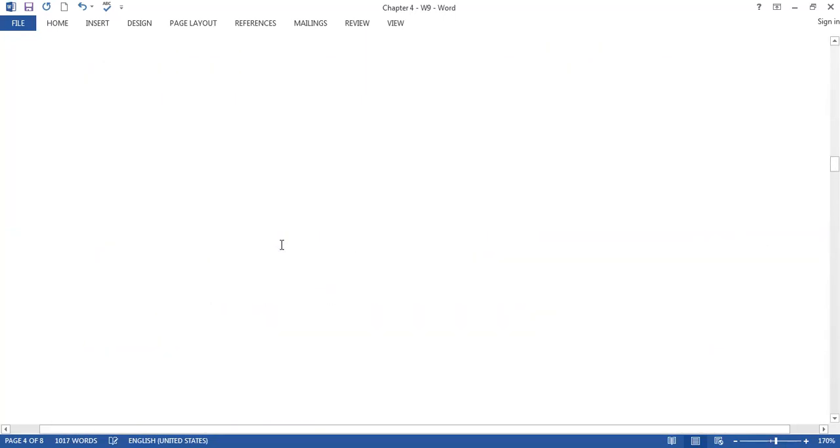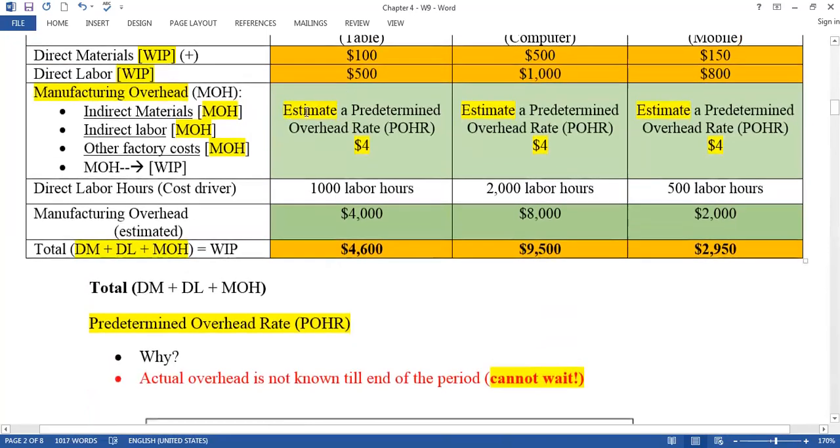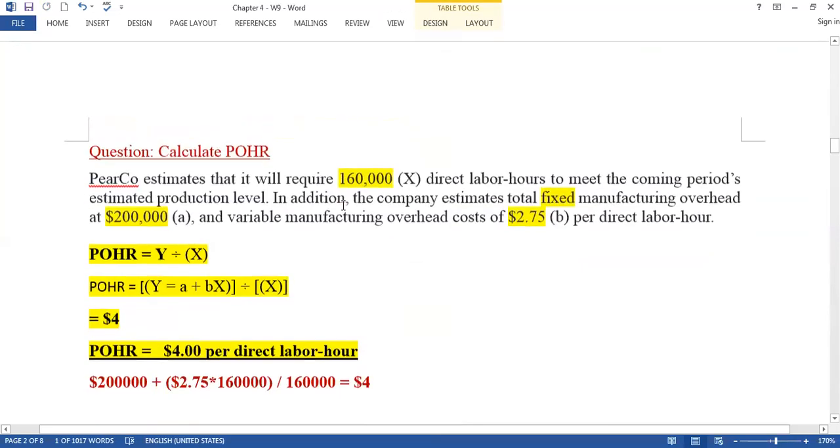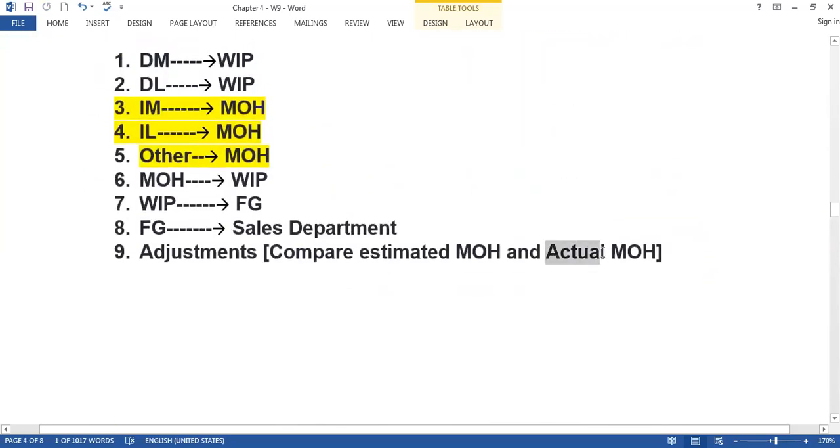This kind of MOH is based on estimated number, and at the end of the year, we'll get the actual number, right? Before, we estimate a number, and if we have a wrong estimate, we need to do some adjustment. Okay, I will show you very soon.